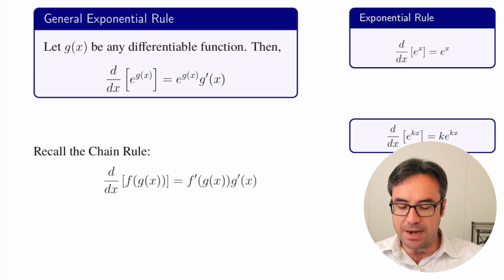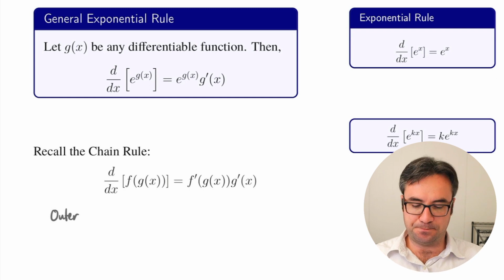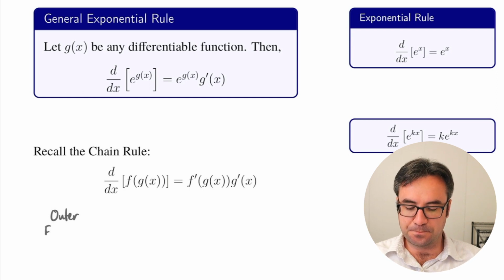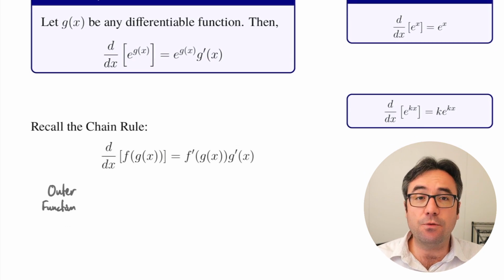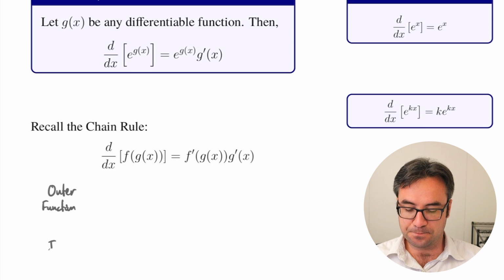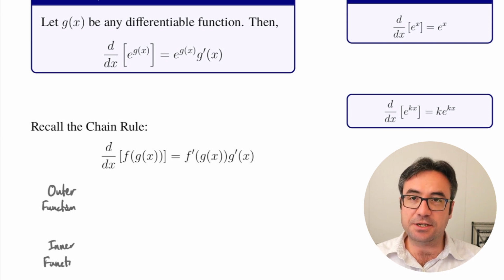We have an outer function and an inner function. Really what we have going on here is a composition of two functions. Our inner function is all the x terms up in the exponent.